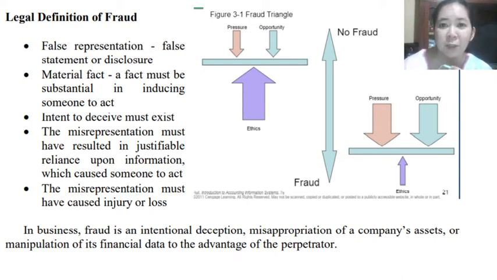So in our illustration right here, we have the fraud triangle. If you notice, the two arrows downward are pressure and opportunity. Meaning, if there is pressure, fraud might be one of the options, for example, a pressure to meet a target.